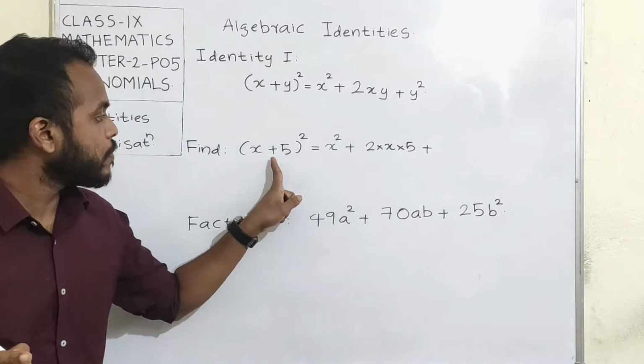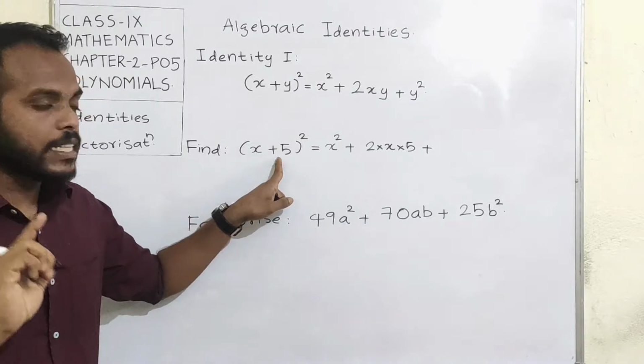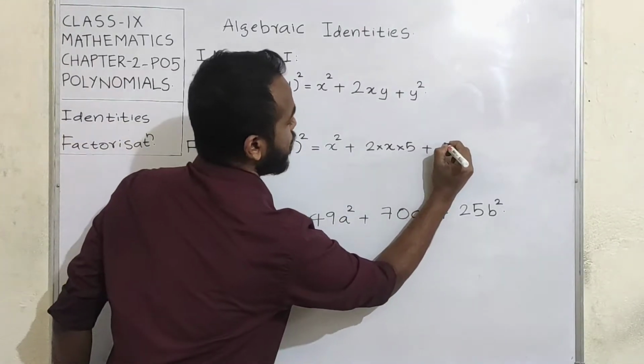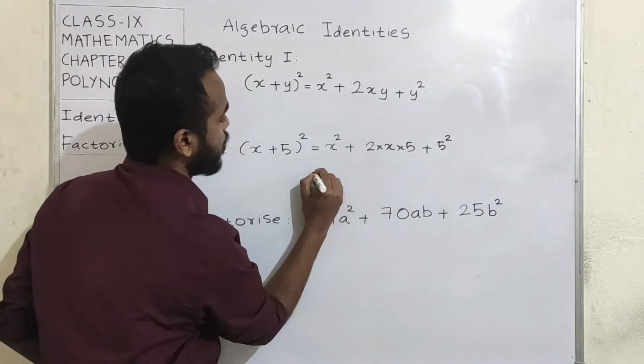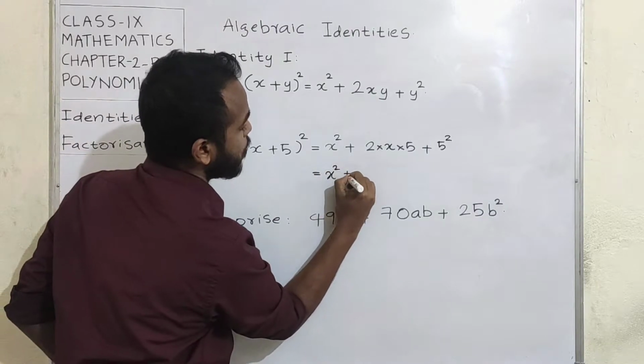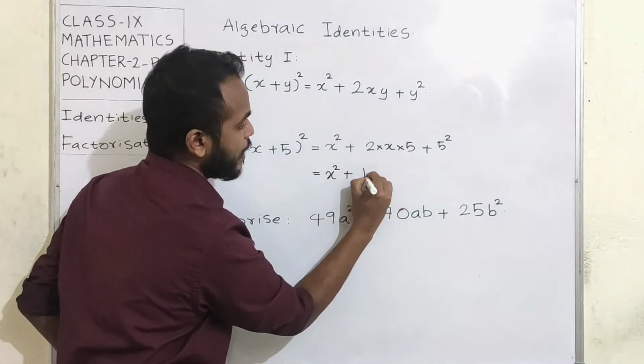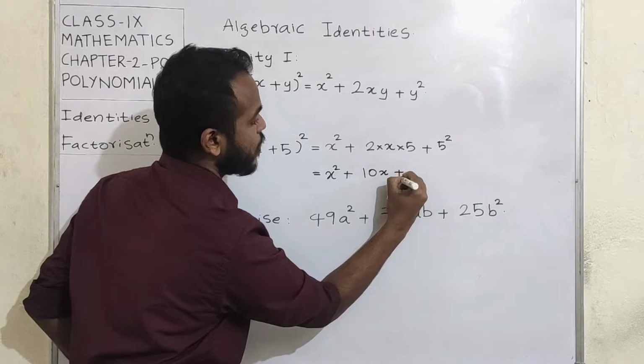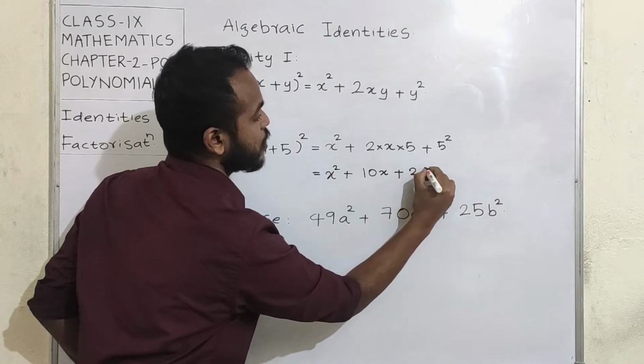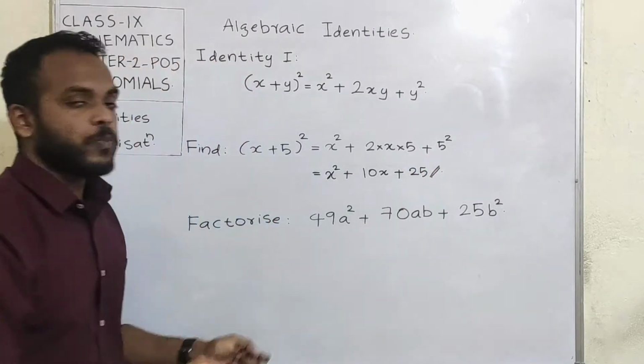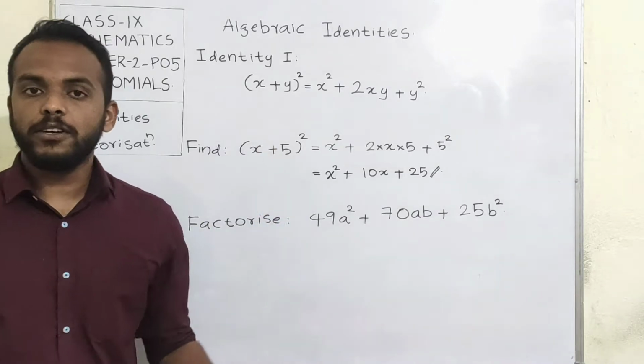Who is our second number here? The first number is x, the second number is 5, so the second number square means 5 square. So we can write x square plus 2 into 5 is 10, of course there is an x over here, so 10x, plus 5 square is 25.